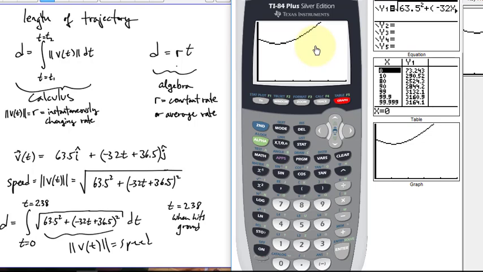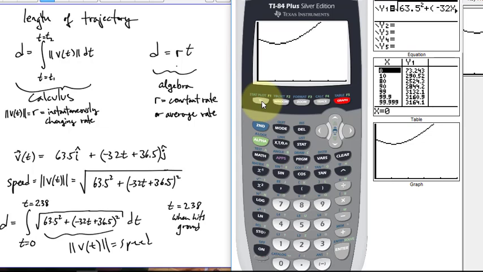So let's figure out the area under this curve that represents the speed, and that area is actually the distance in feet, because you're multiplying feet per second times seconds. You're getting total accumulation of feet traveled, and so let's get that.